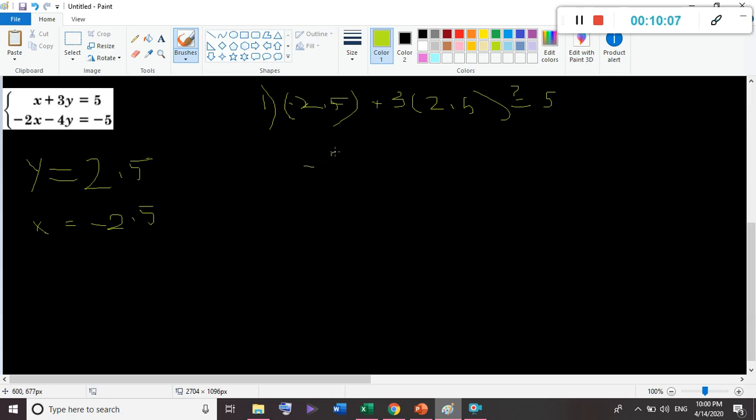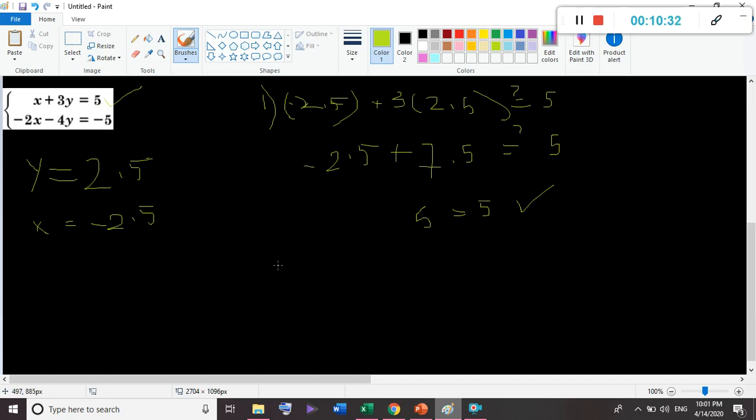Negative 2.5 plus 3 times 2.5, which is 7.5. Is it equal to 5? Now negative 2.5 plus 7.5 equals 5. So it satisfies the first equation.